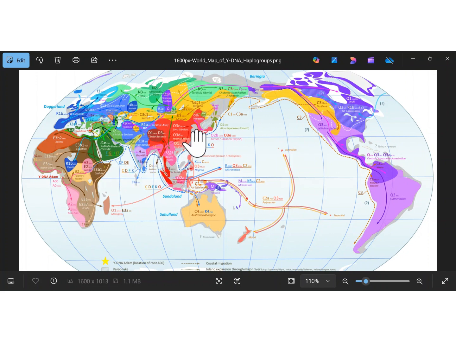It's like an enormous mosaic, except for the Americas, because it's Q, Q, Q, and it's also C, but C is a descendant of Q. That will be part of our videos as well.